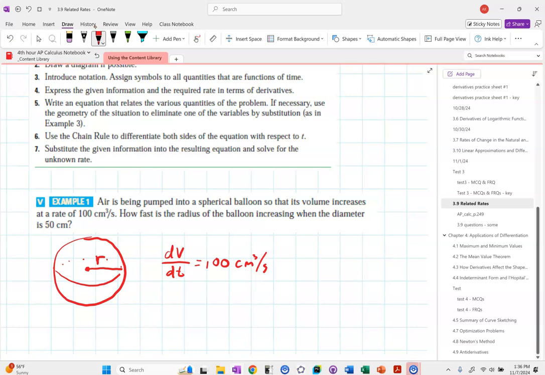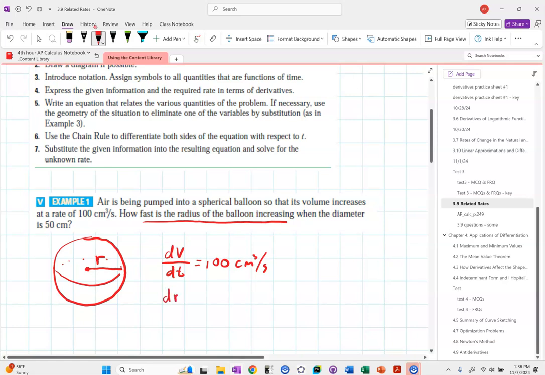What are we looking for? That's dr/dt when, well, it says when the diameter is 50. Everybody feel okay so far?